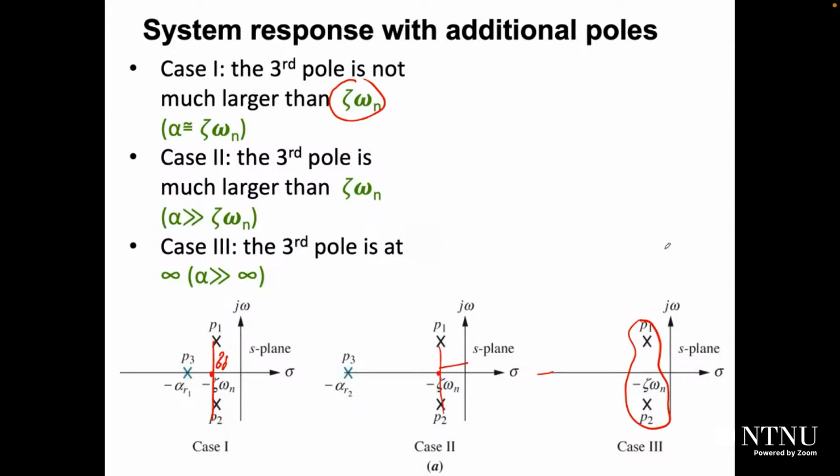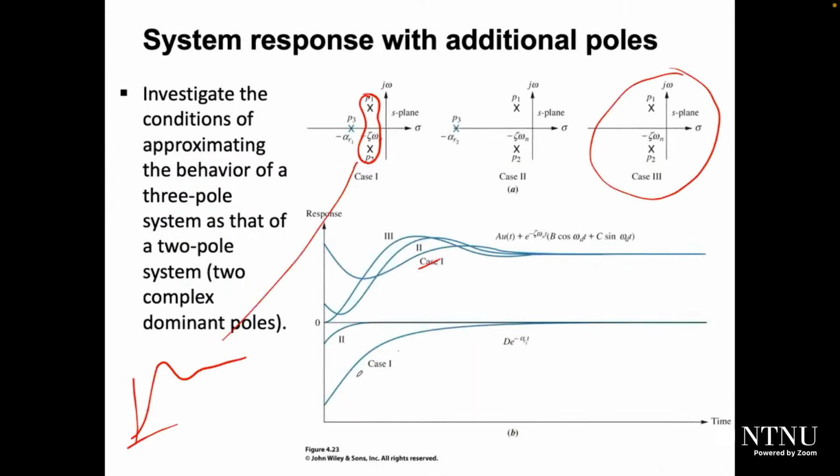The performance will be specified by those. But if you have a third pole at a distance of maybe 5-6 times the real part away from the j omega axis, it will have some impact, but this impact will be much less. So this is the second order system, case number 3.